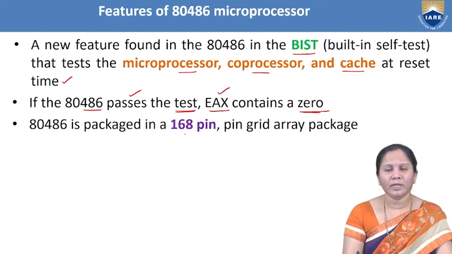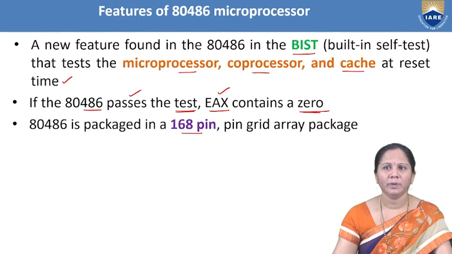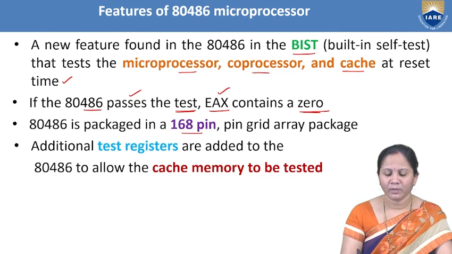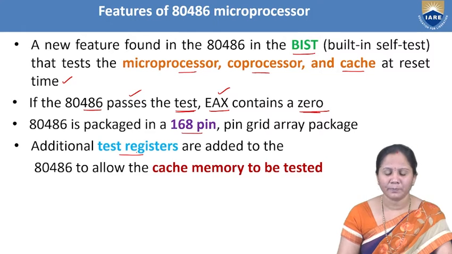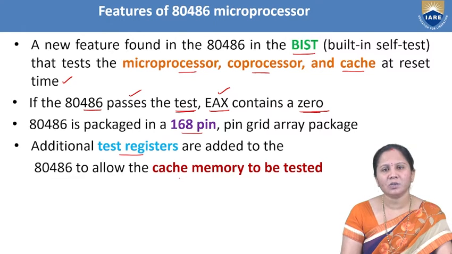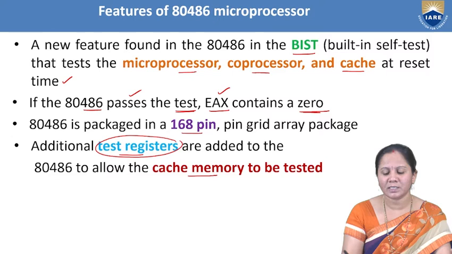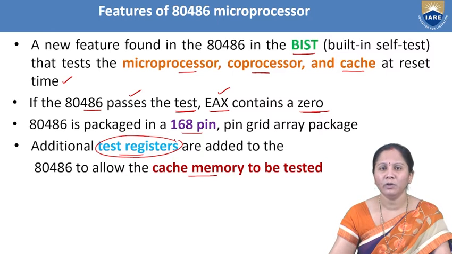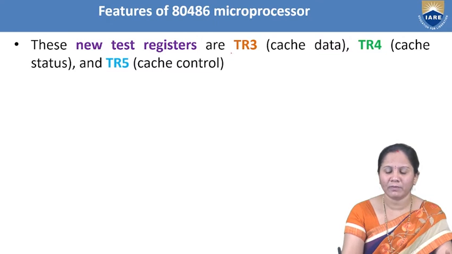Now, the 80486 is available in different types of pin packages. It is available in 168 pin, which is called pin grid array package. This 80486 microprocessor also consists of some additional test registers, which are used for testing the cache memory. Now we will see what these additional test registers are.